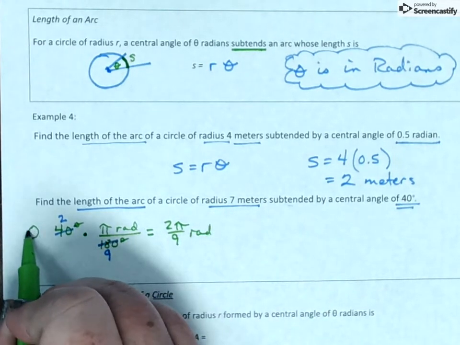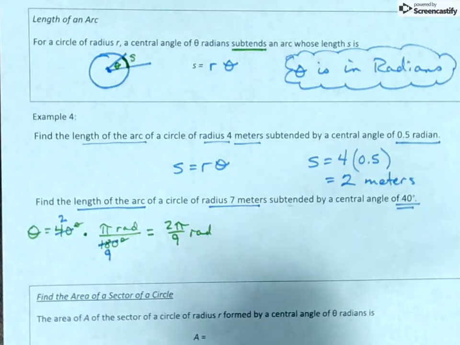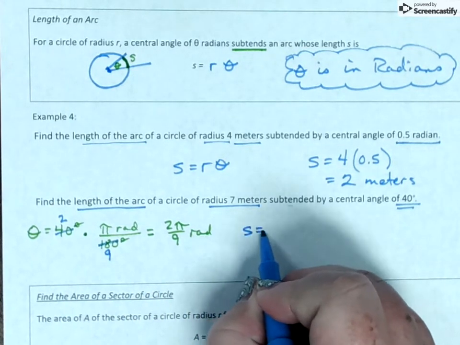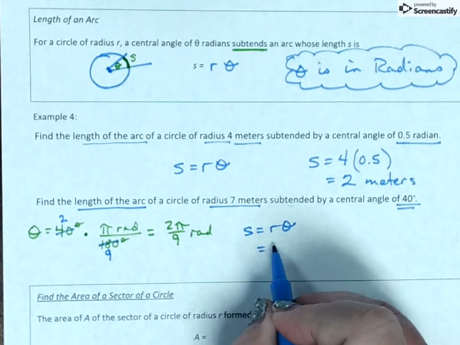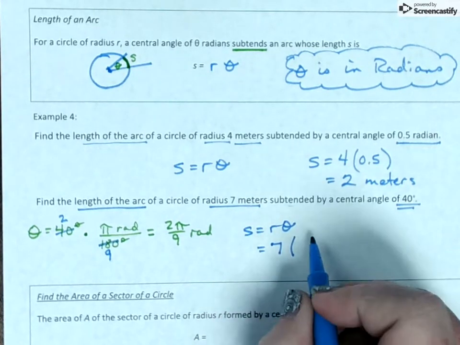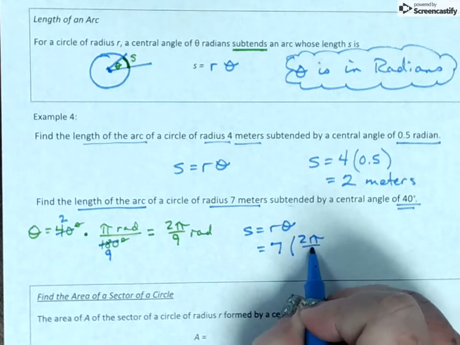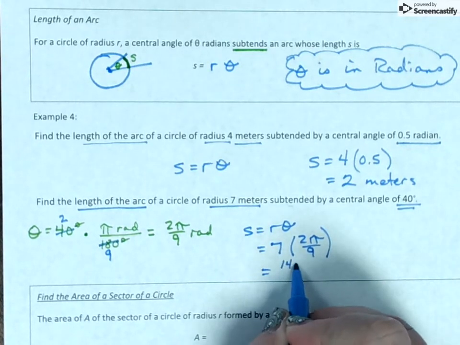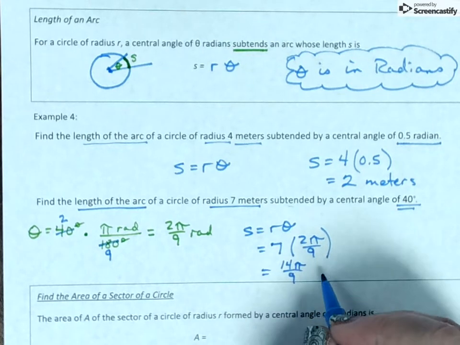That's my theta. Well, now my theta is in the correct units, so I'm going to come along and do S equals R times theta. So that's 7 times 2 pi over 9, which is 14 pi over 9 radians.